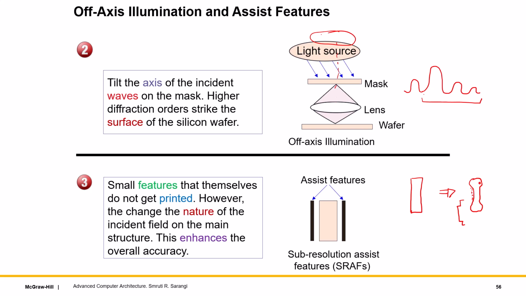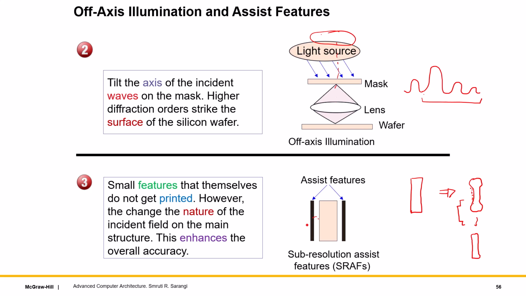But some light would still escape, and that light would hit this region over here. That would create a fuller feature, somewhat very rectangular-ish. This area will get some light because of the assist feature, and the assist feature itself will not be printed because it is sub-resolution.